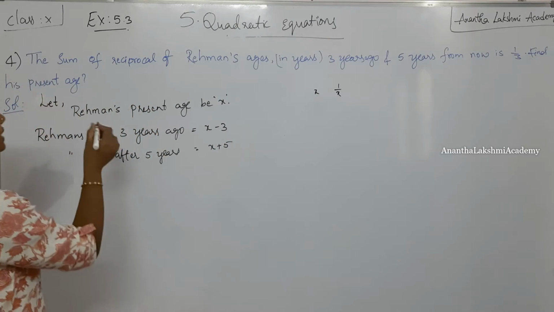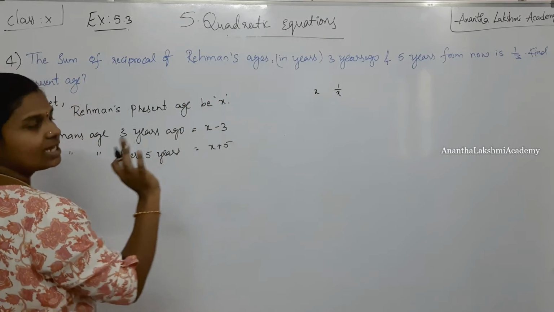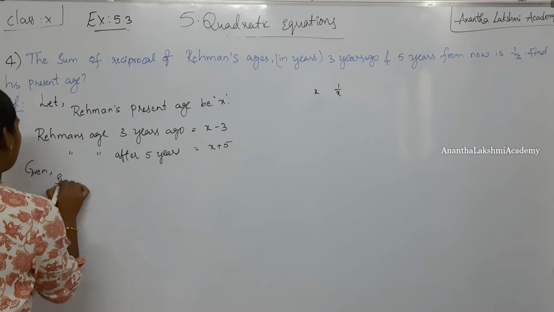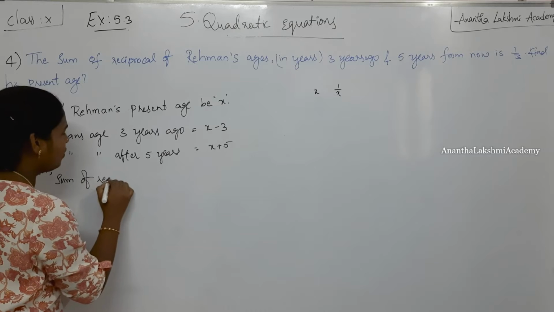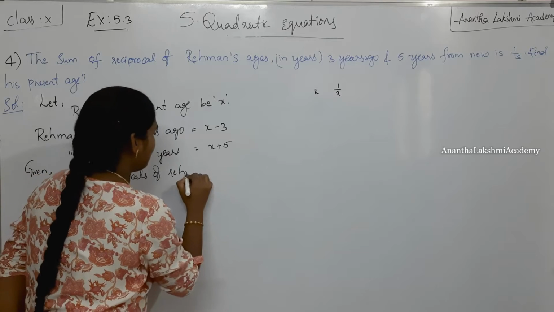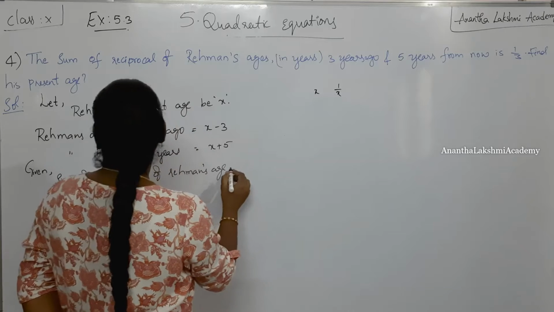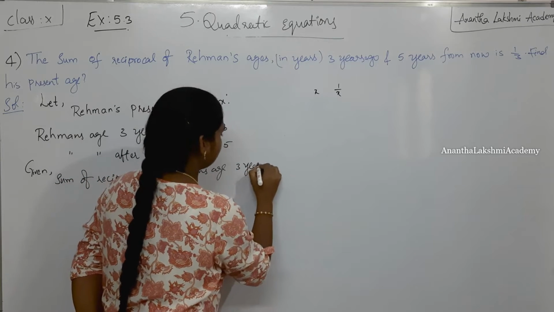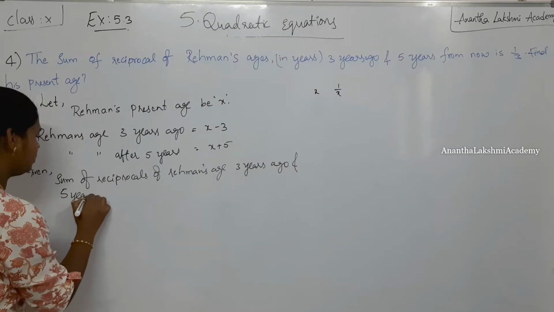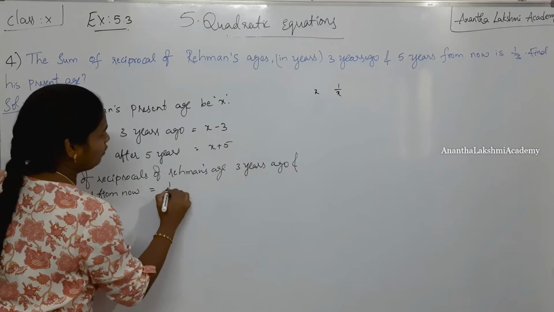Now, what is given? The sum of the reciprocals of his ages 3 years ago and 5 years from now is 1 by 3. So given, sum of reciprocals of Rahman's ages 3 years ago and 5 years from now is equal to 1 by 3.